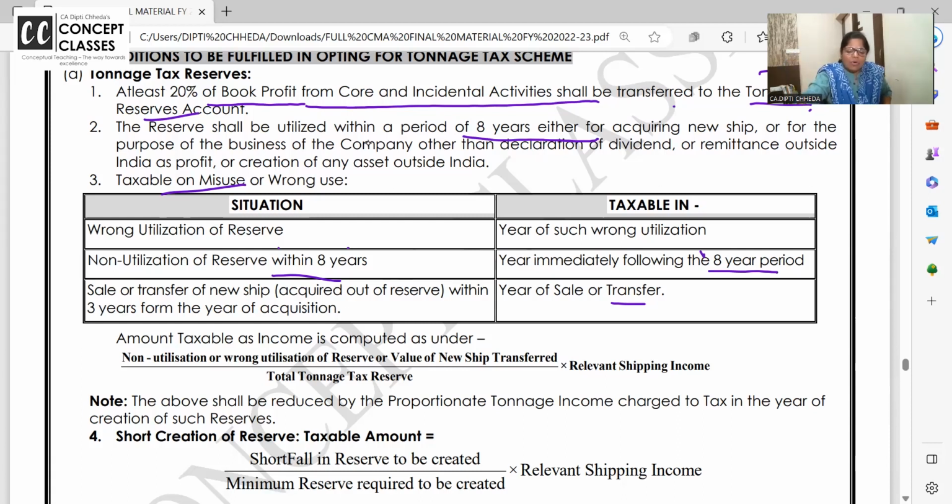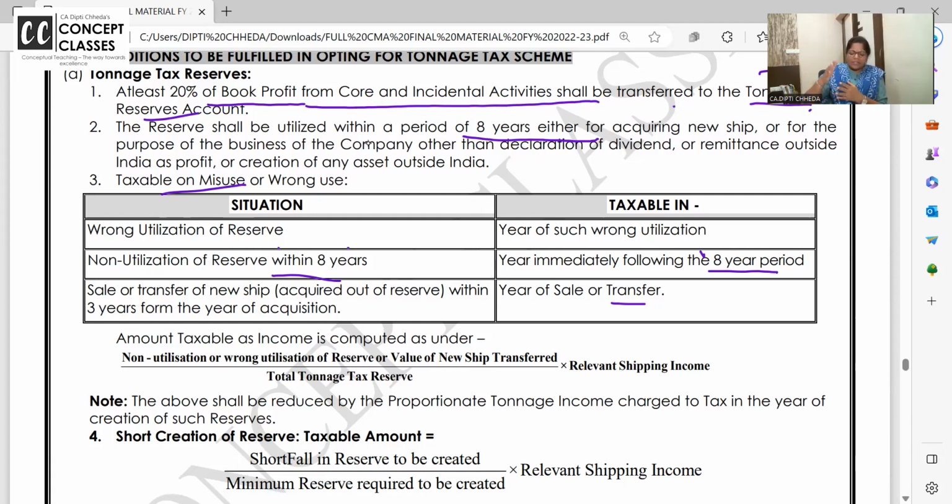Ma'am, this is exactly what we do in section 10AA and all SEZ unit. We avail the exemption, no? फिर plant and machinery बेचना नहीं and all. फिर से, whatever is your core book profit related to shipping business, 20% should be transferred to the tonnage tax reserve.